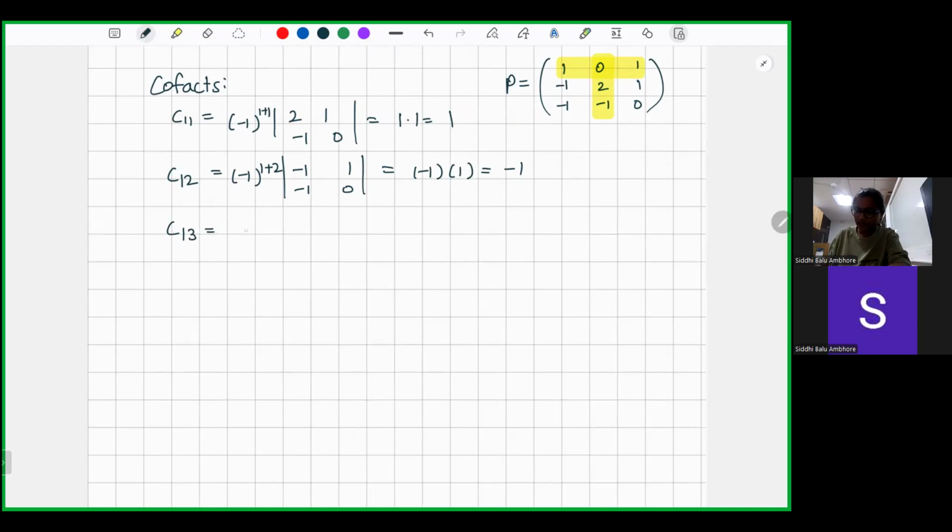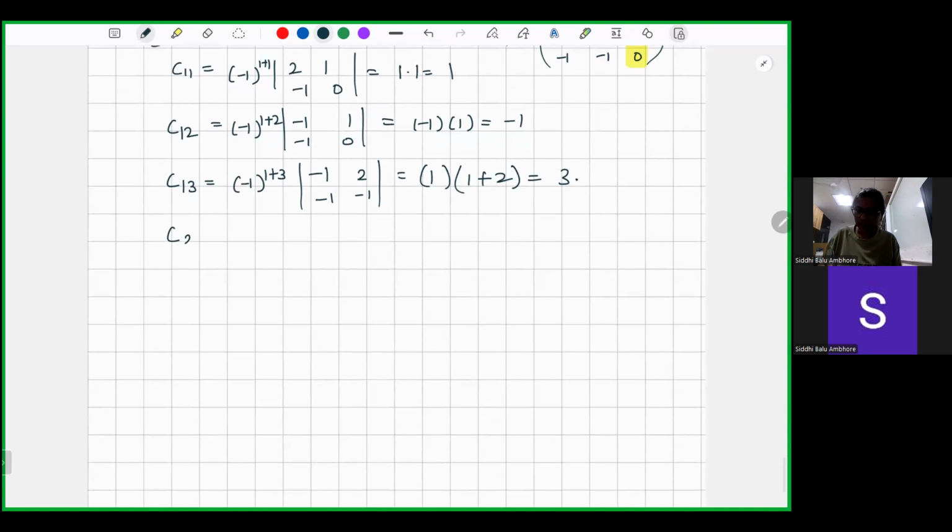And C13 will be minus 1 power 1 plus 3, determinant of this thing, that is minus 1, 2, -1, 1, which is 1 plus 2, that is 3.